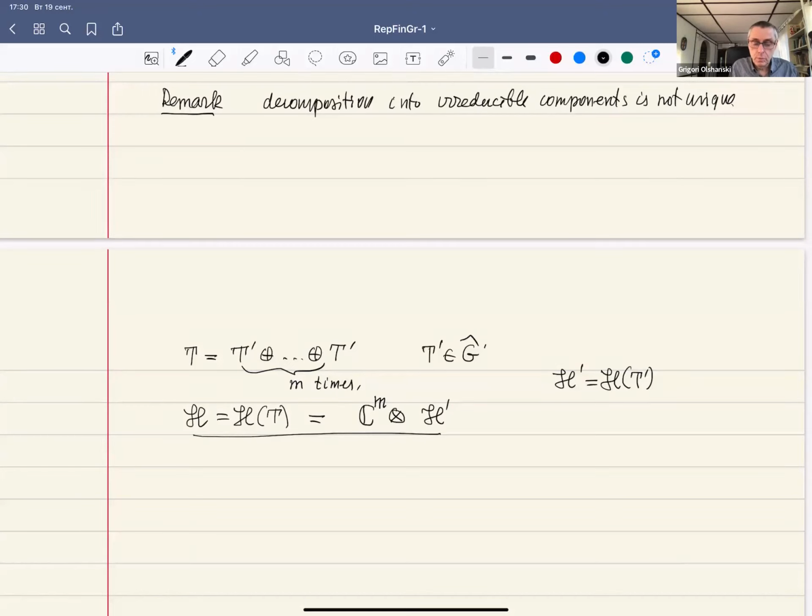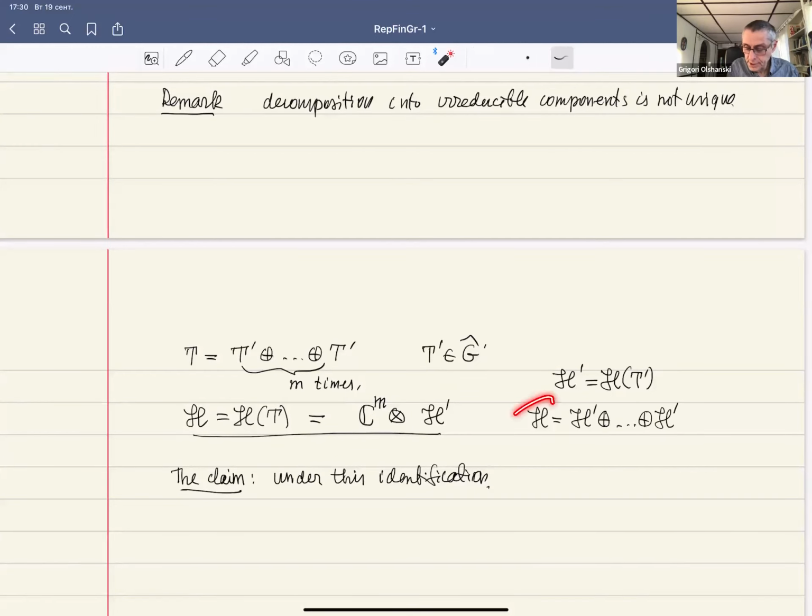And now the claim, under this identification, I would like to repeat, writing H as a direct sum is equivalent to writing it in this form. Okay.